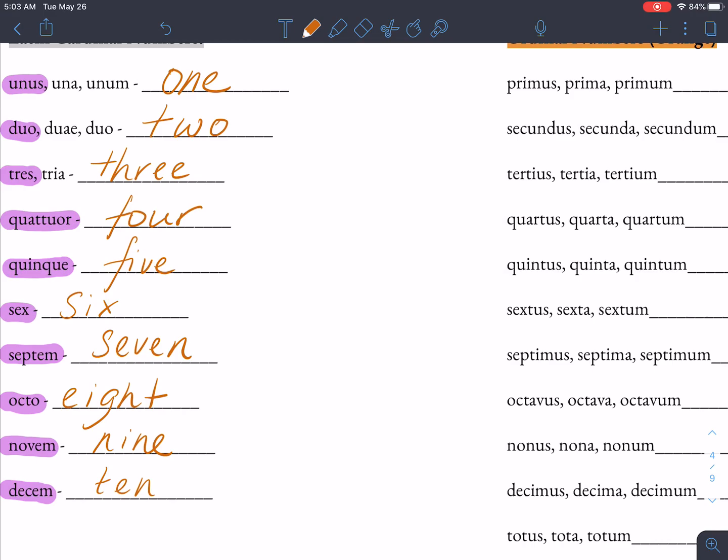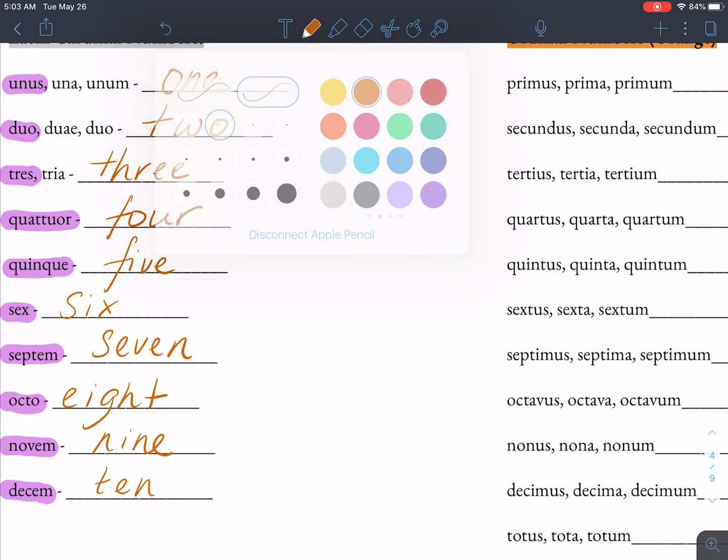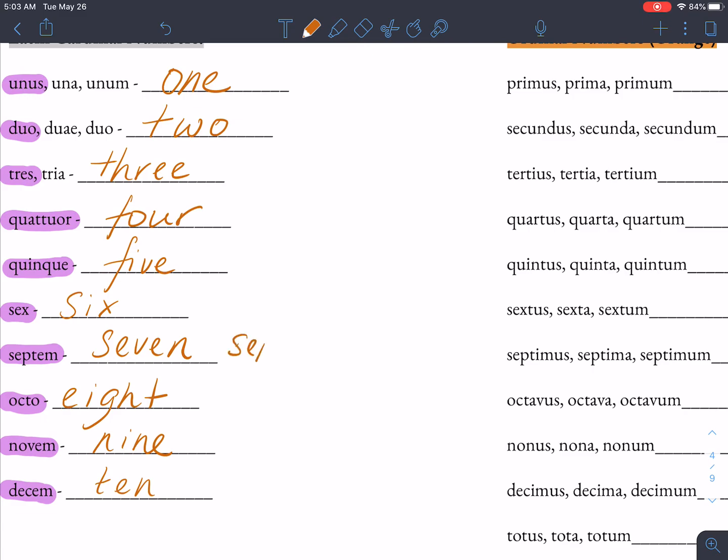Okay, but when you get to September, for them they had September, October, November, and December. And September was the 7th month, October was the 8th month, November was the 9th, and December was the 10th.